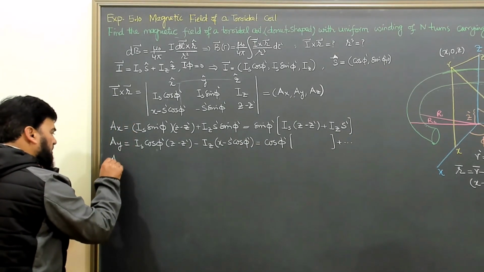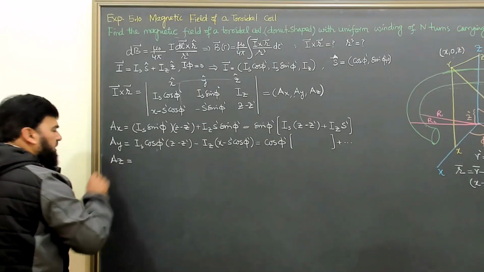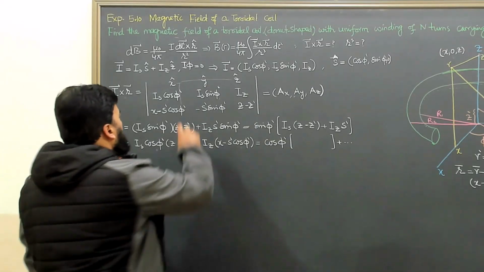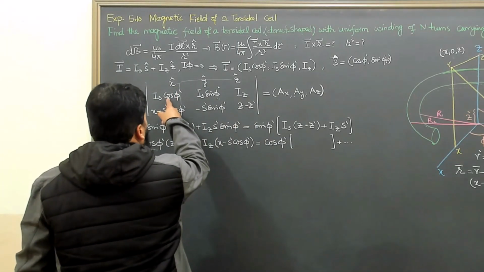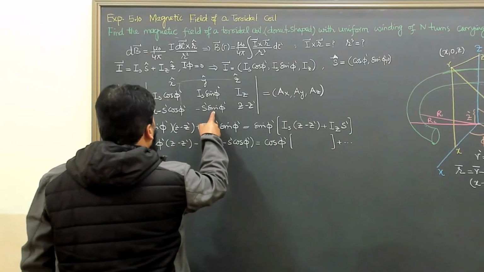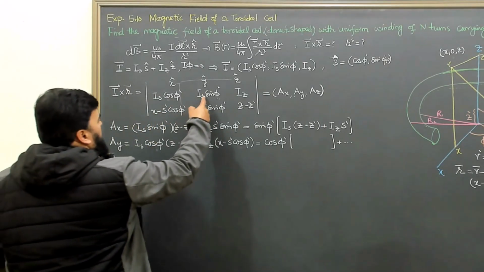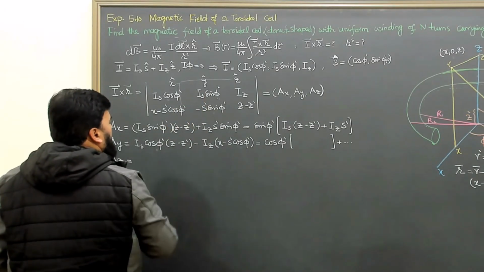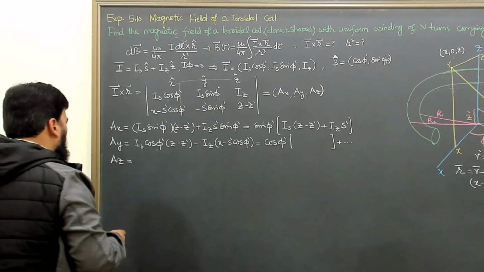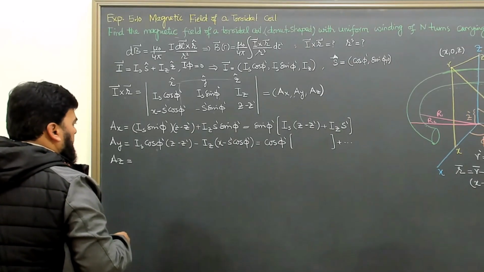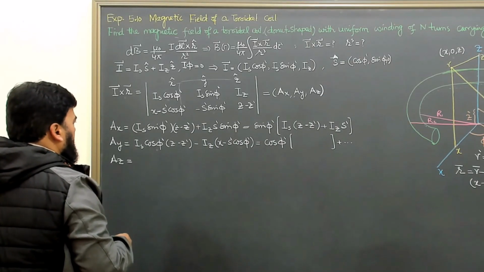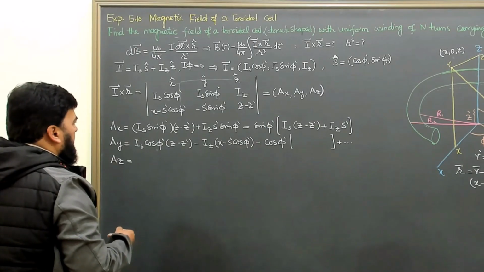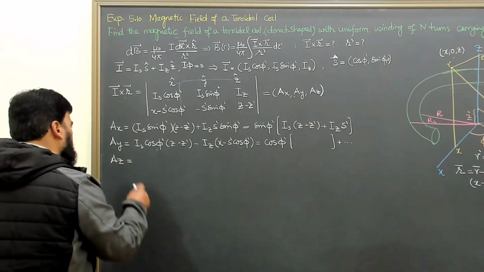Similarly, if I look at the AZ term, then the AZ term is here. So cos phi and sine phi here, and minus cos and sine phi combination here as well. So let me write that it is a sine phi and cos phi combination here.